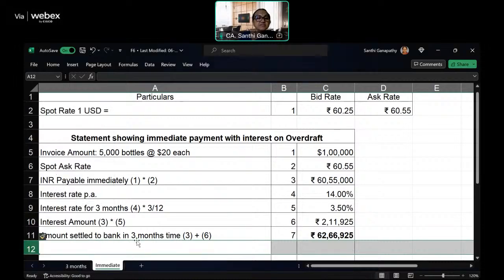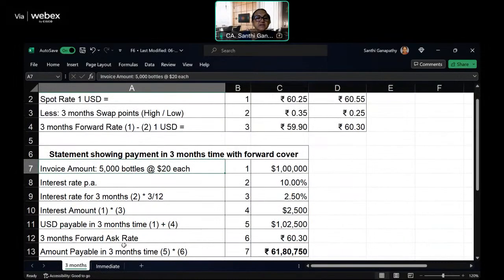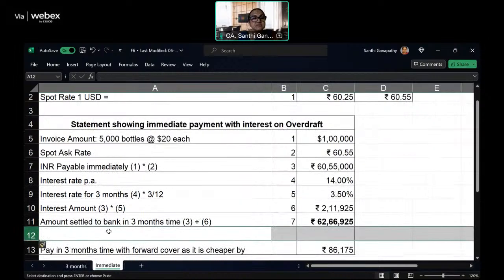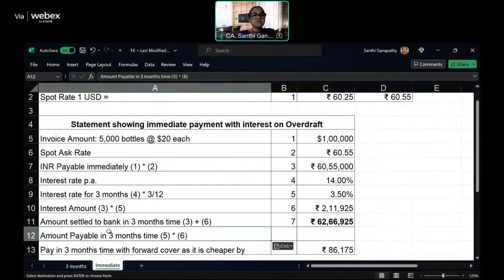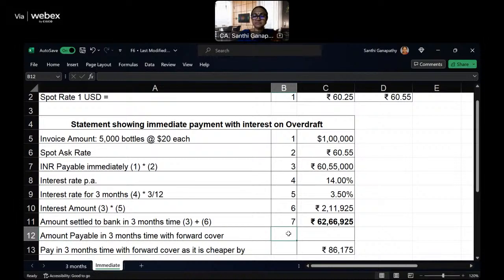On the other hand, we already saw that amount payable in 3 months' time with forward cover. We already did that working.